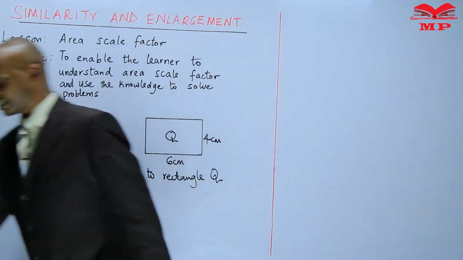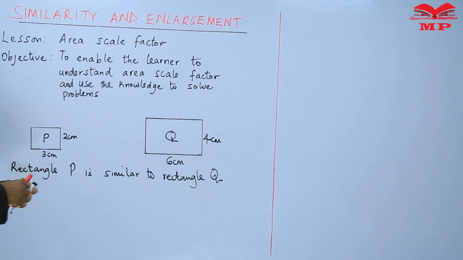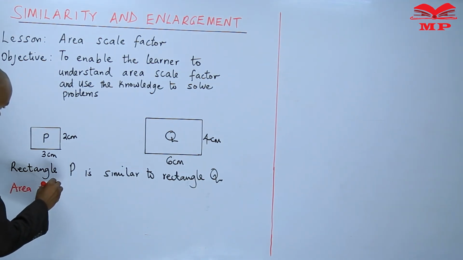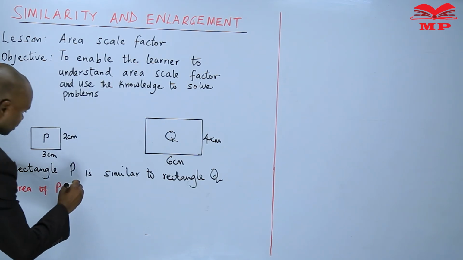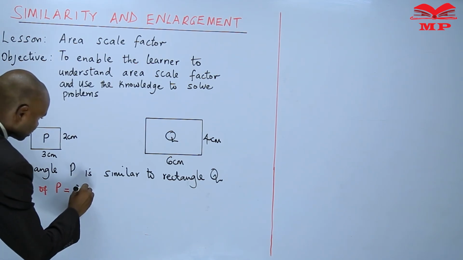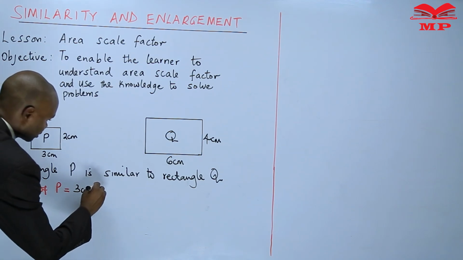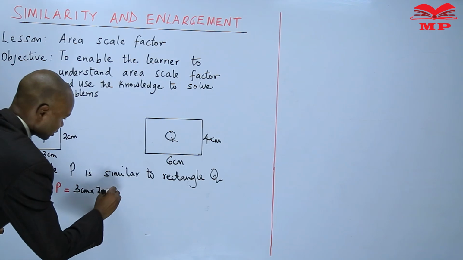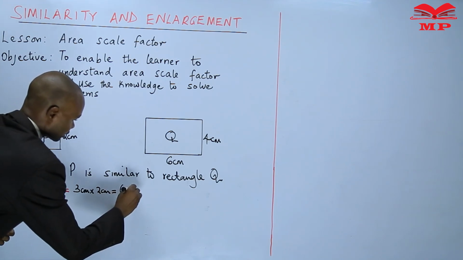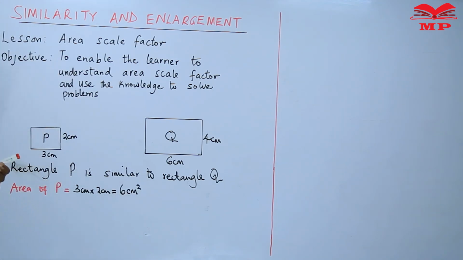Let's look at the area of P. Area of P is equal to 3 centimeters times 2 centimeters, which gives us 6 square centimeters.